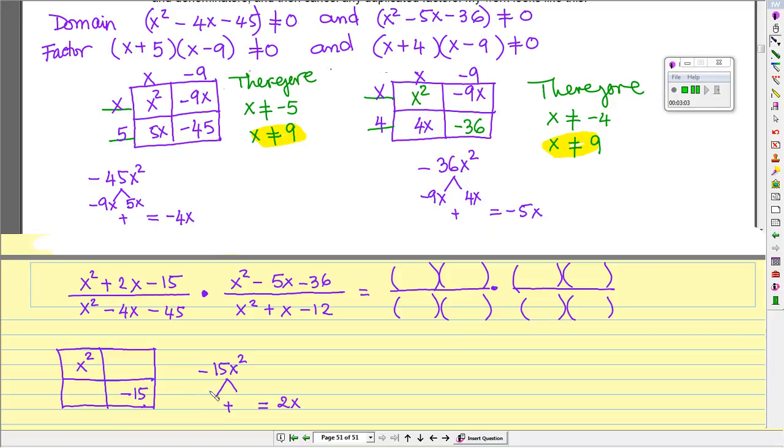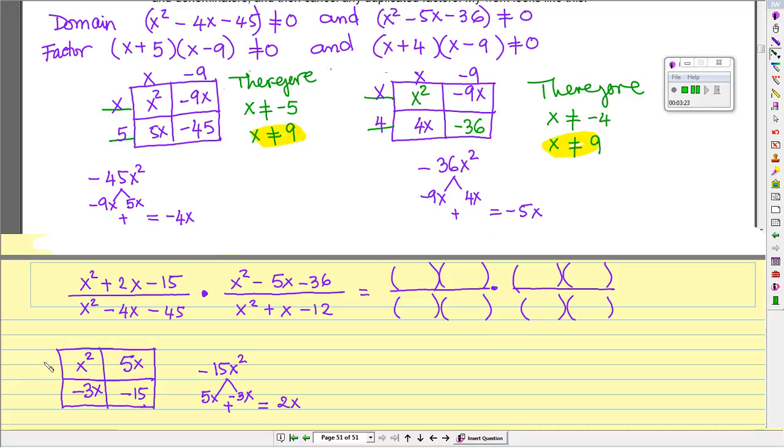So let's do 5x times negative 3x. That will give me negative 15x squared, and 5 plus negative 3 gives me 2, so that will be good. I'm going to put 5x and negative 3x. Next, go to each row and look for the common factor.